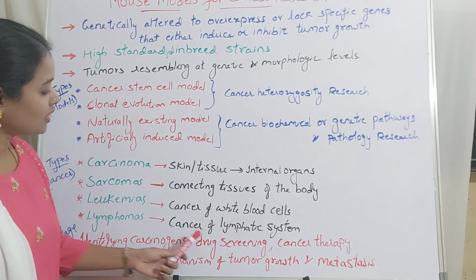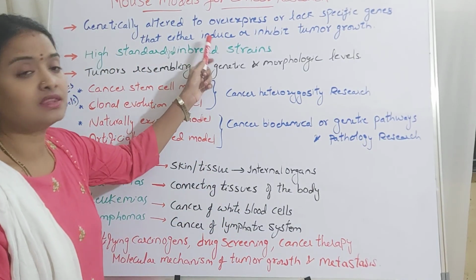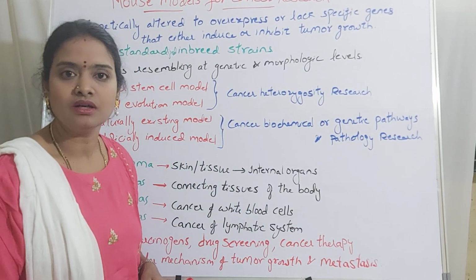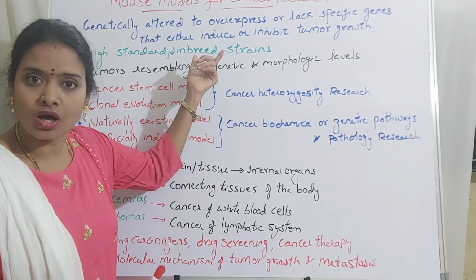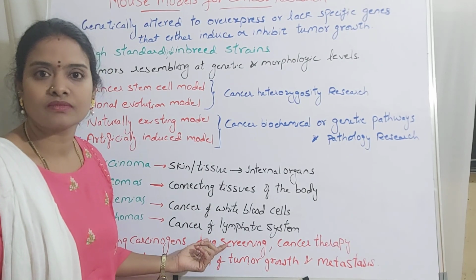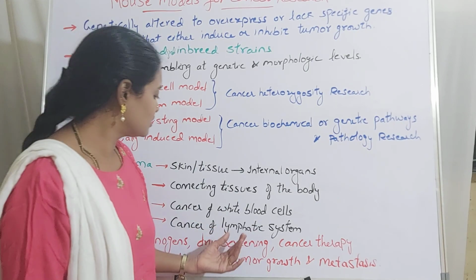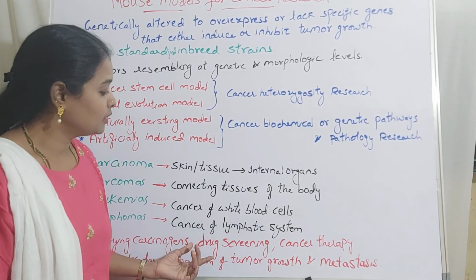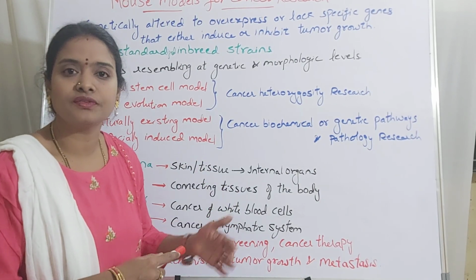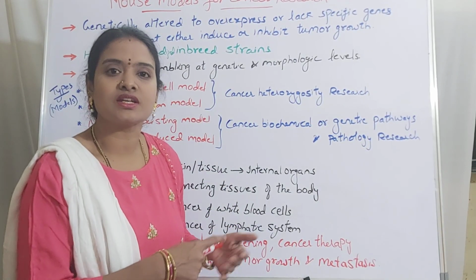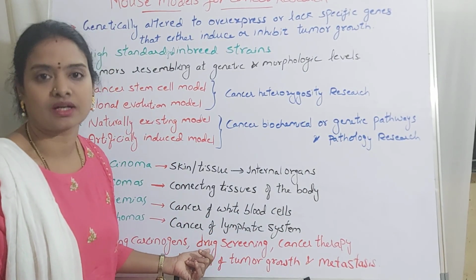And then again in case of drug screening. Once you are inducing the mouse to get the cancer, then what you do? You test the diseased mouse with the novel drugs, right? The novel medicine which is produced with pharmaceutical importance. Here the drug screening is done on those mice, and they check what is the recovery rate, what is the response of that cancerous mouse model to this particular novel drug, right?